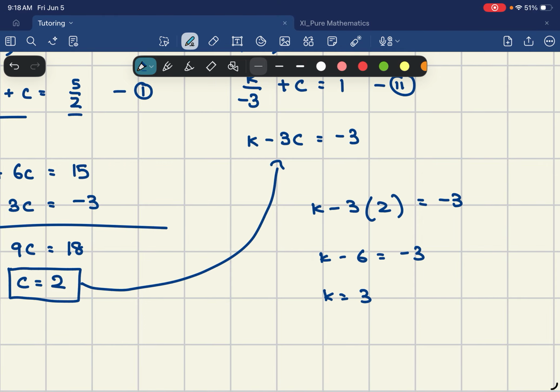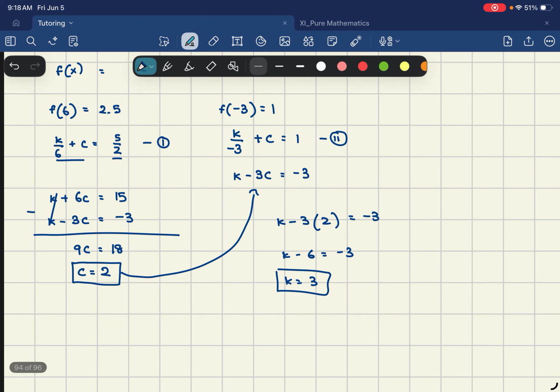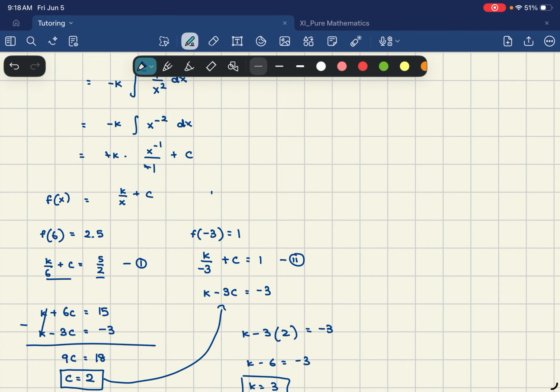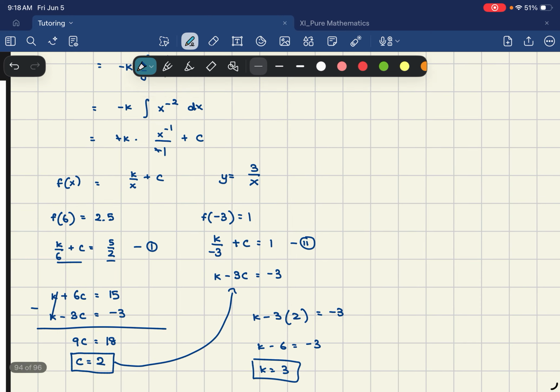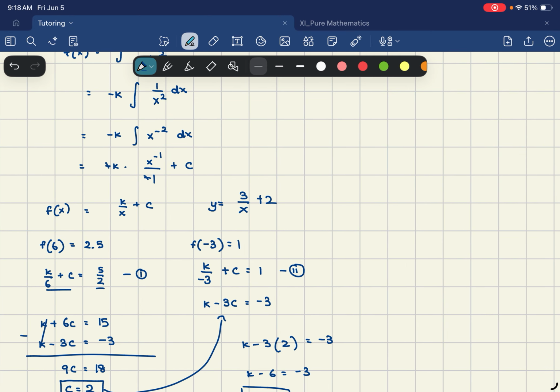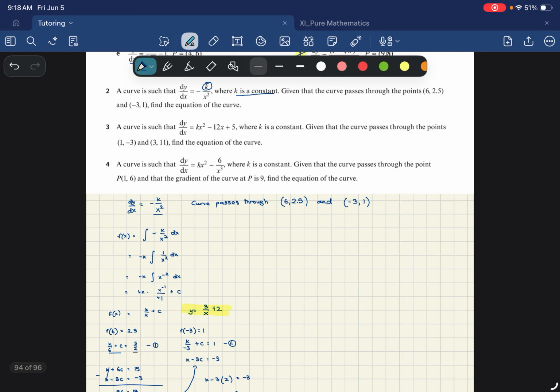K is positive 3. And now I can write my equation. The curve is y equal to k, which is 3, over x, plus c, which is 2. And that is it. 3 over x plus 2 is the equation of your curve, and we are done with question 2.